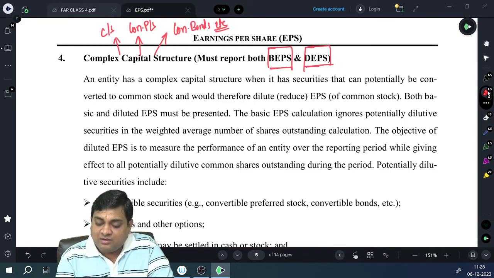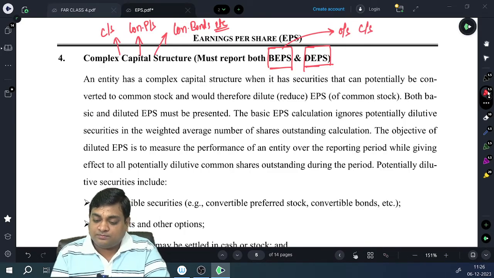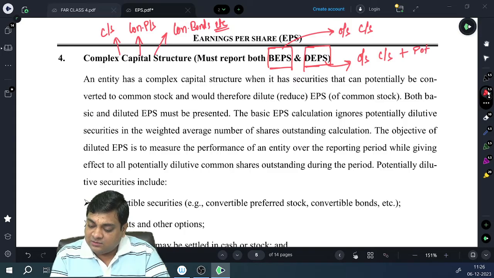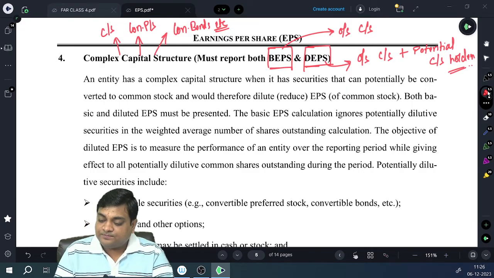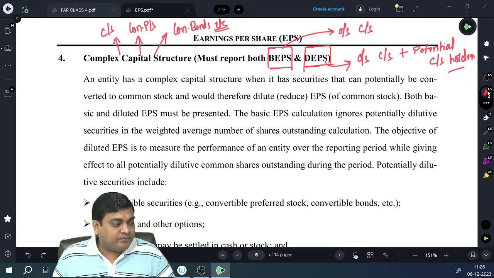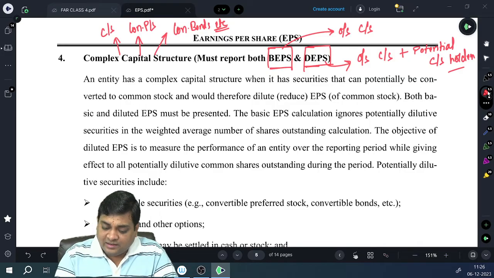One is the basic one, on the basis of outstanding common stock, and the other is diluted, on the basis of outstanding common stock plus potential common stockholders, right? I guess this is absolutely fine. Okay, now let us read.